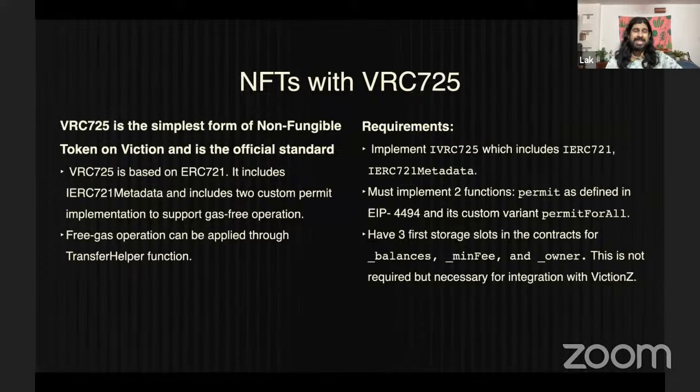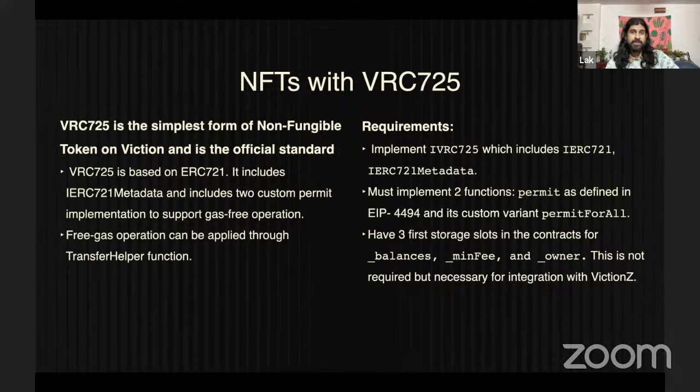VRC725 is based on the ERC721 standard. It includes the IERC721 metadata extension to make it a bit easier to use, and it also includes two custom permit implementations inspired by EIP-4494. That's what we're going to use to support gas-free operations as well.